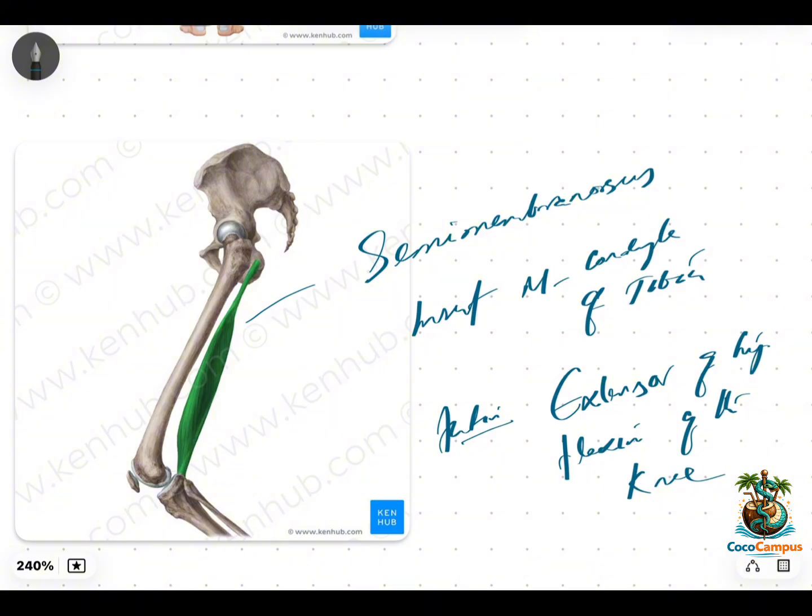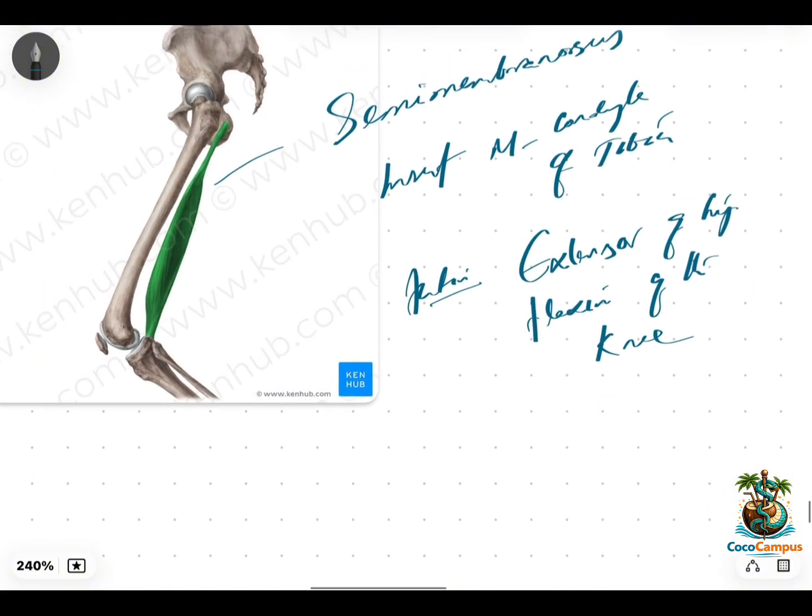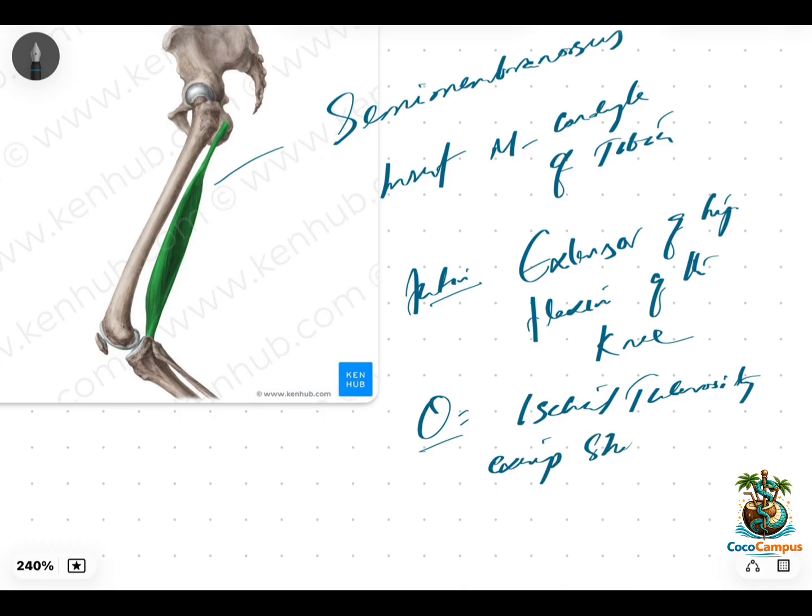Now, let me give you a high-yield fact here. All hamstrings originate from the ischial tuberosity, except the short head of biceps femoris. Short head of biceps femoris is from linea aspera. The rest of them originate from the ischial tuberosity.